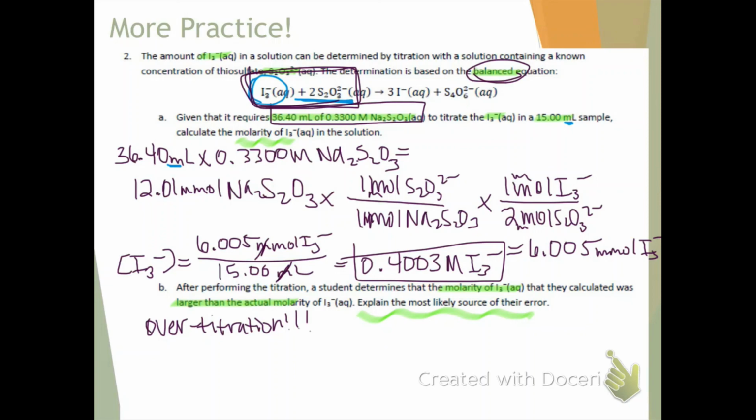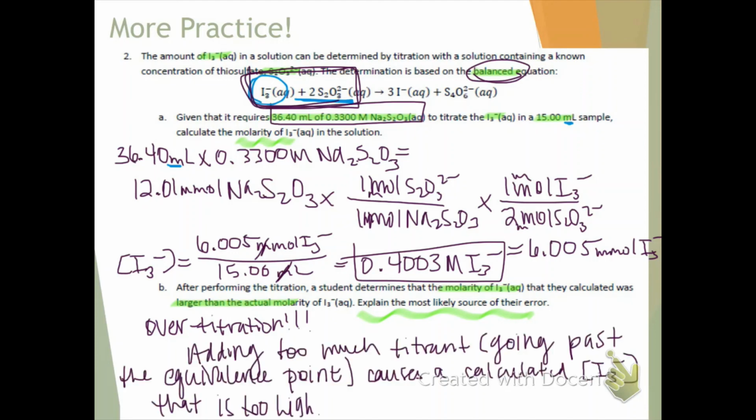Whenever our molarity is calculated higher than it actually was, that is almost always due to over-titration. Over-titration is when we add too much titrant, which causes moles of titrant and moles of analyte and concentration of analyte to appear to be too high.